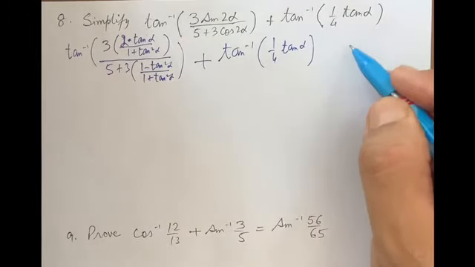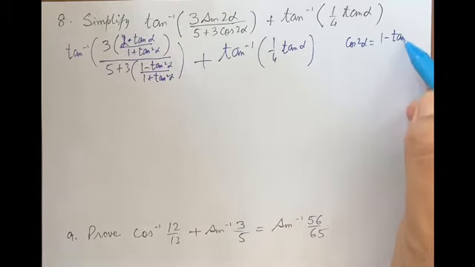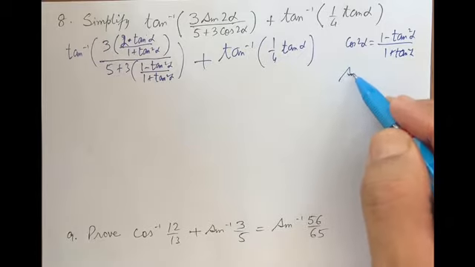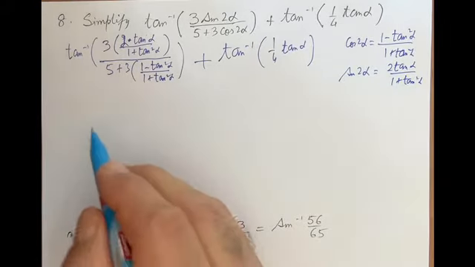So I am rewriting the formulas here. Cos of 2 alpha is 1 minus tan square of alpha upon 1 plus tan square of alpha, and sin 2 alpha is 2 tan alpha upon 1 plus tan square of alpha.